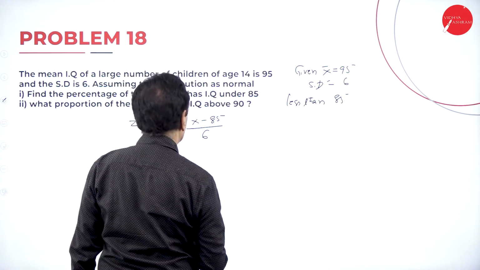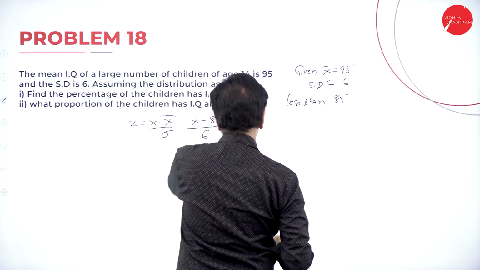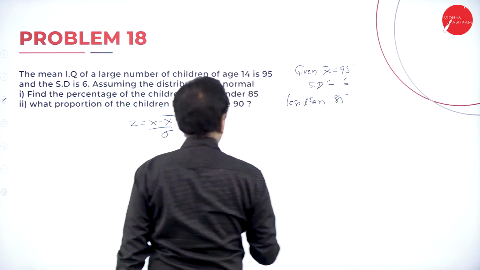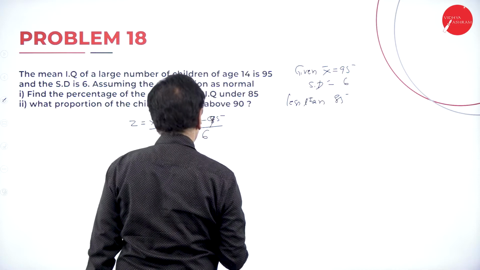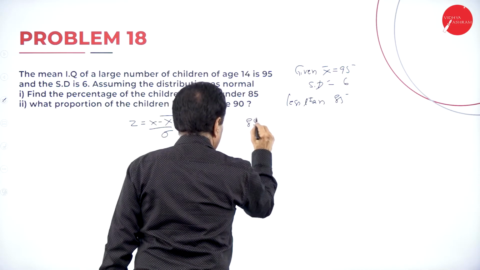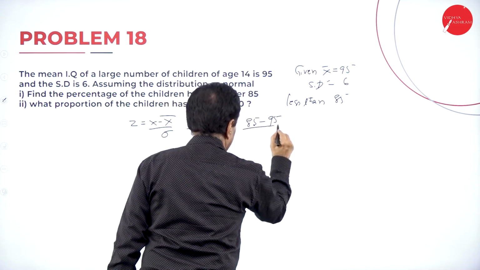What is your x value now? Under 85, and your mean is 95 here. So 85 minus 95 divided by 6.